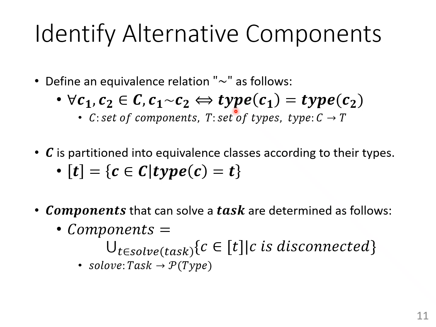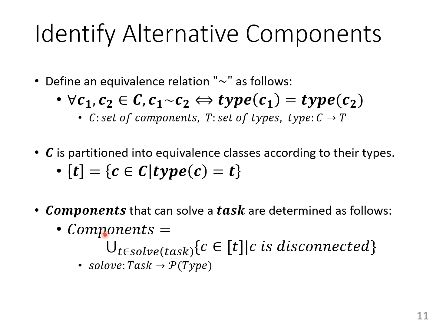By using this, we define equivalence classes. This formula maps tasks to system components. Finally, this formula is used to find components that can solve a task.